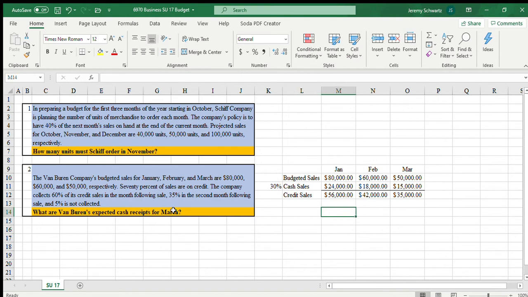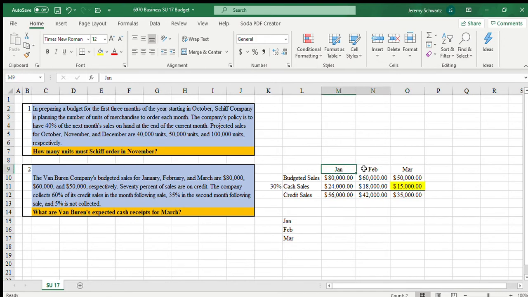So when we're looking at receipts for March, we could be looking at receipts from January sales, February, and March. So we already know that March is going to have 15,000 of collections or cash receipts from March sales.